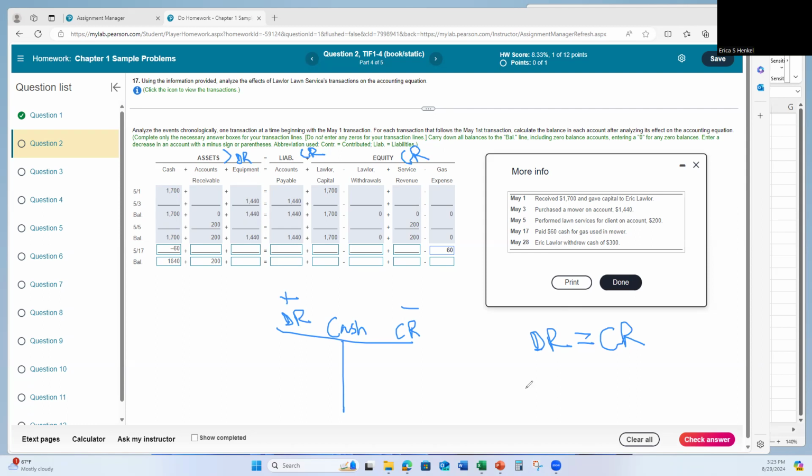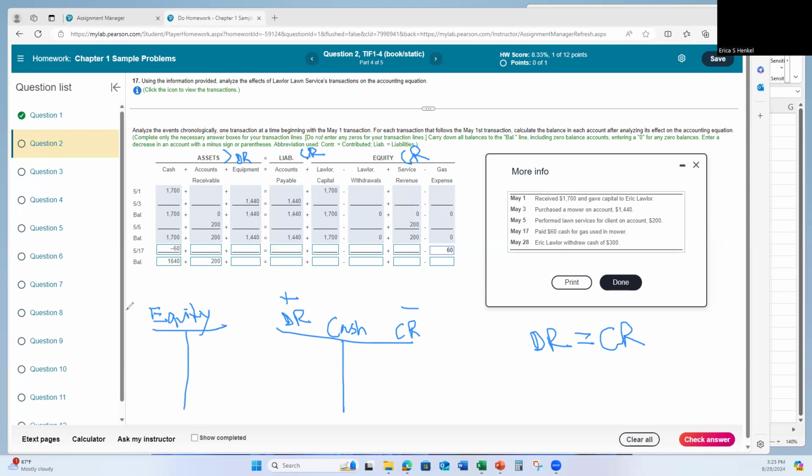Because in every accounting entry the debits have to equal the credits, credit is what increases an equity account. Let's say we've got, I'm just going to put generally equity here.